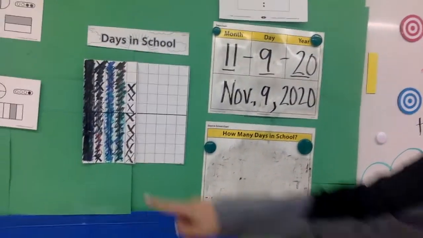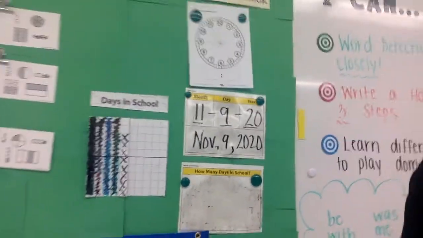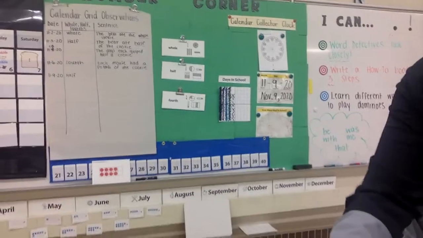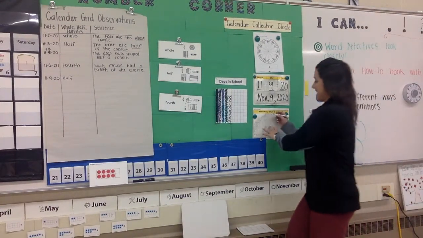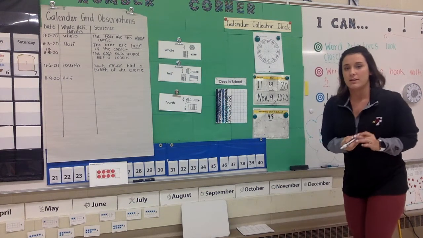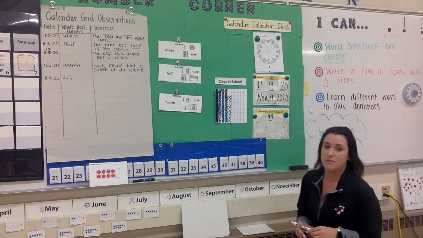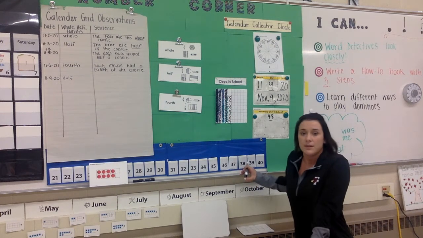What is today? Take a look. What do you notice? I'm hearing a lot of you say 48. You are correct, but how did you get that? How do you know? Let's talk about some math equations that you could use to get to 48.